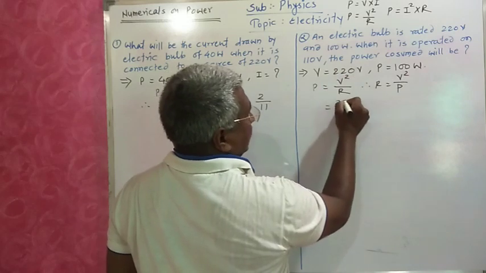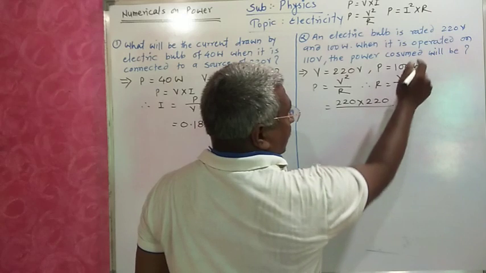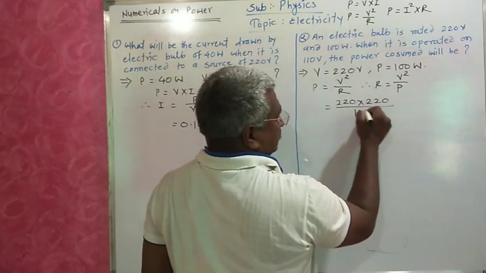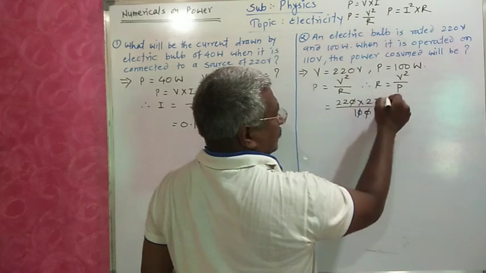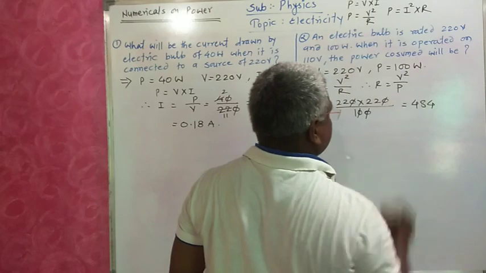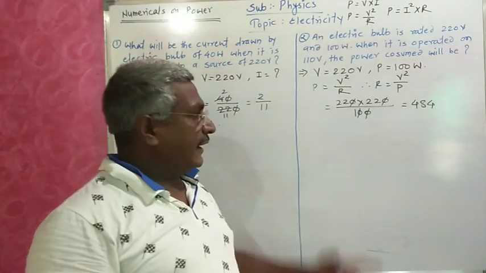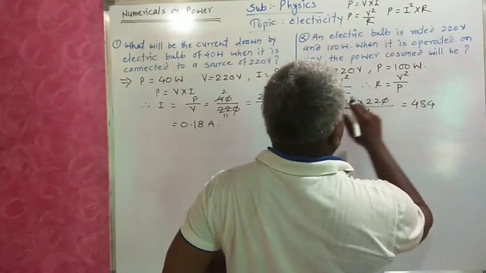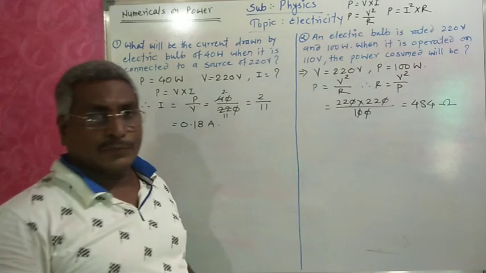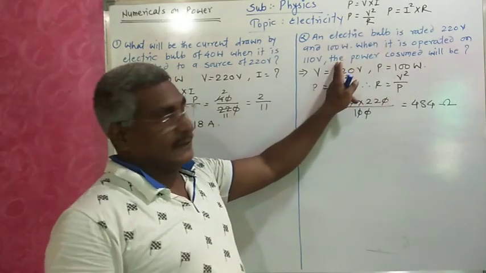V is 220, so 220 into 220, squared, divided by power 100. So what will we get? 484. What is this 484? It is the resistance, in ohm. Resistance we got.